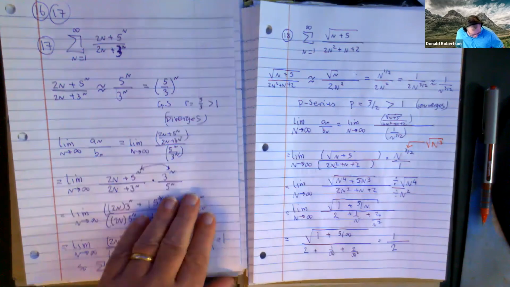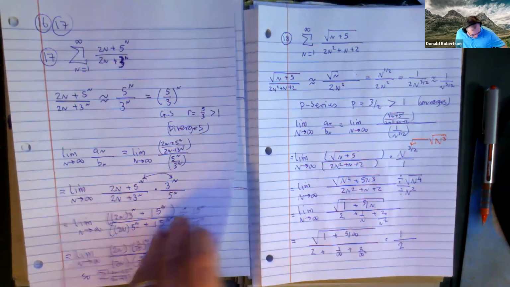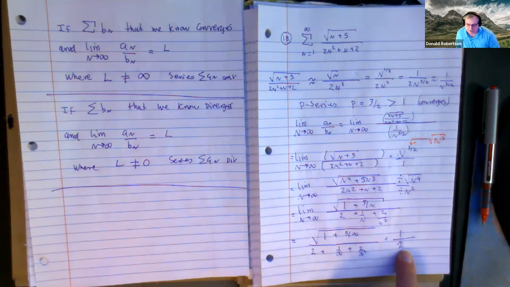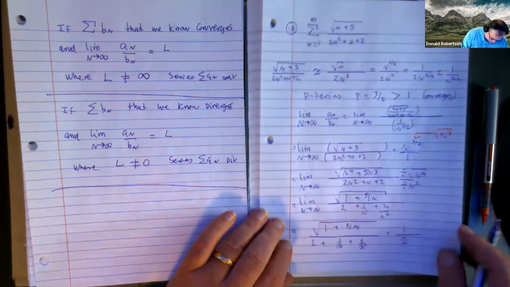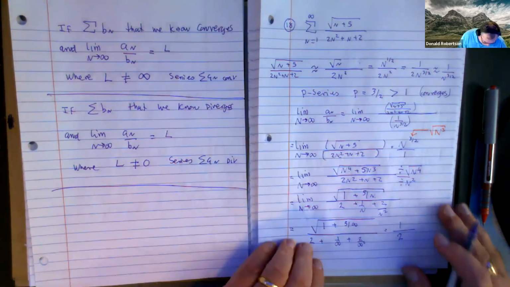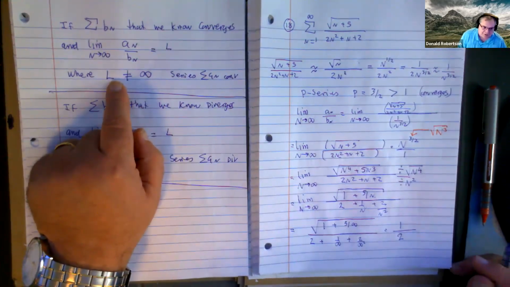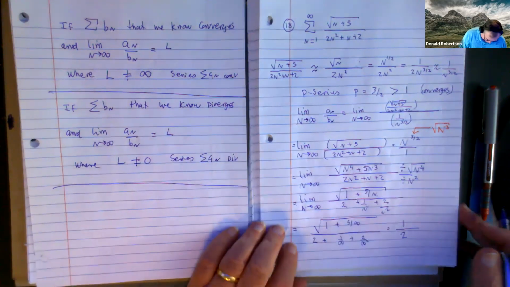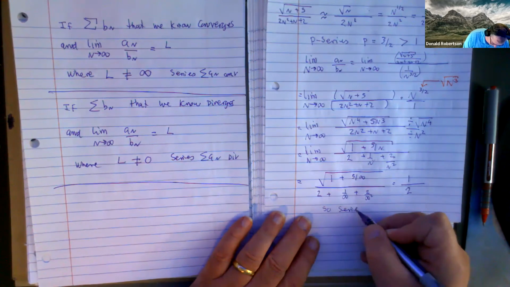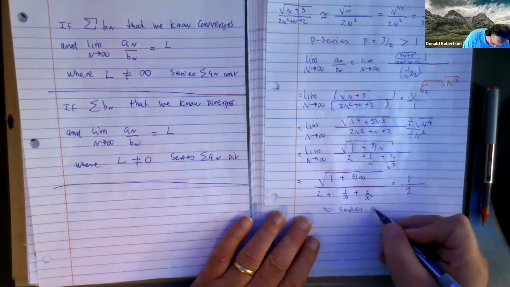Is the limit not 0? Correct. It's not 0. That means our guy, oops, was I looking at the wrong one? I think I was. Is our guy a limit that's not infinite? Yeah, it's not infinite as well, so that still works. So our series behaves like this one, so it converges.